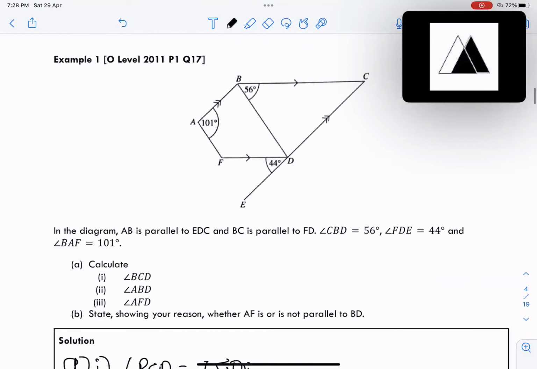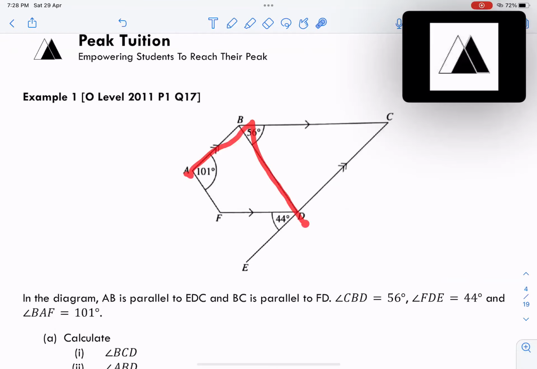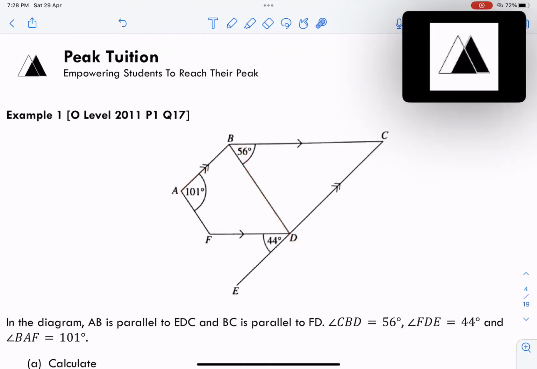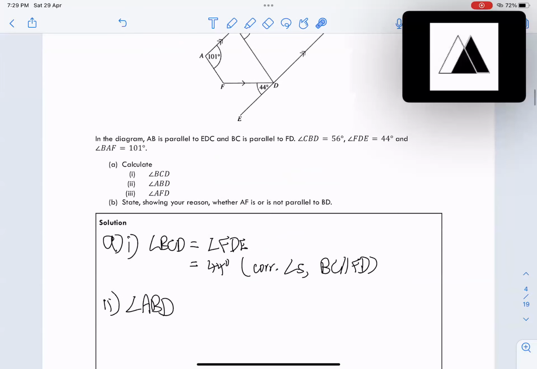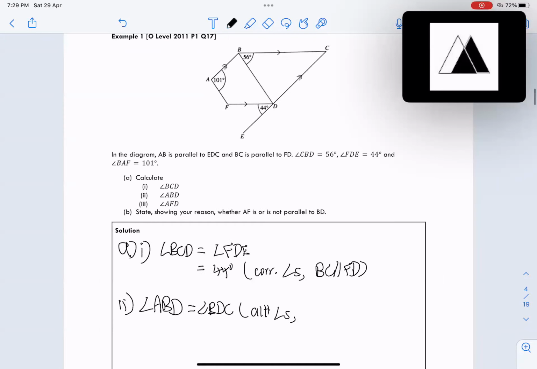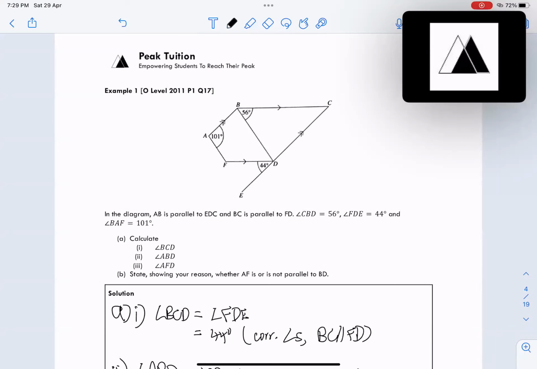If you see ABD, this one, right? ABD, and then which parallel lines is this? ABD can do BDC. So you know that ABD equals BDC. Then your reasoning is alternate angles. And the parallel lines will be AB and BC. AB parallel BC. Okay, but you want to find out BDC, right?